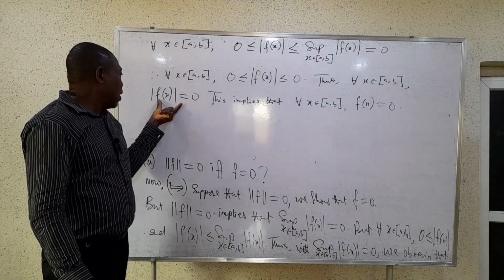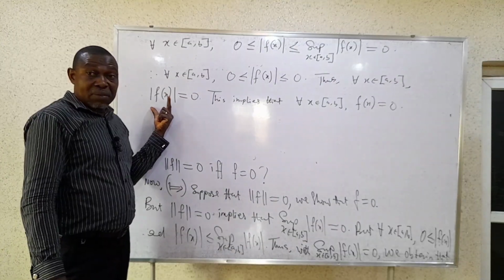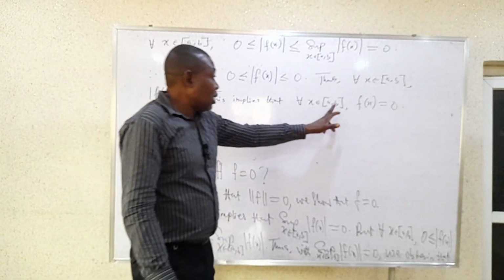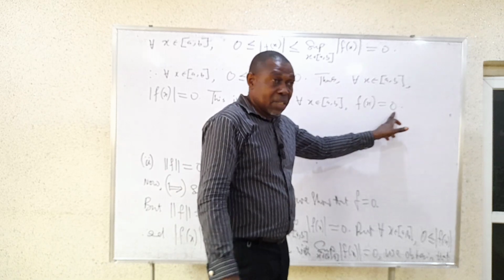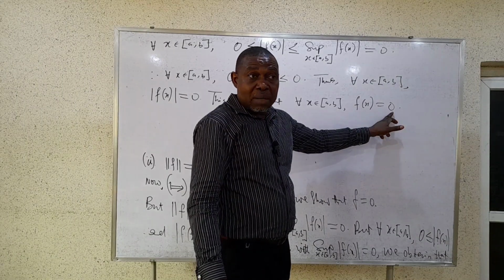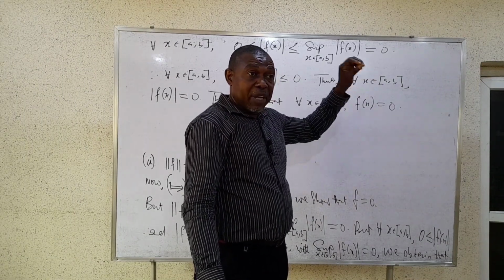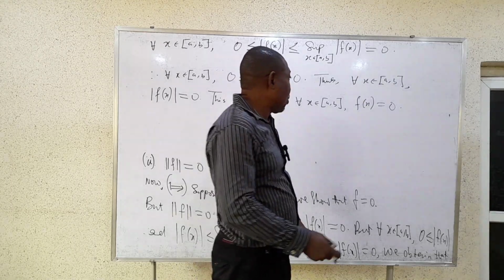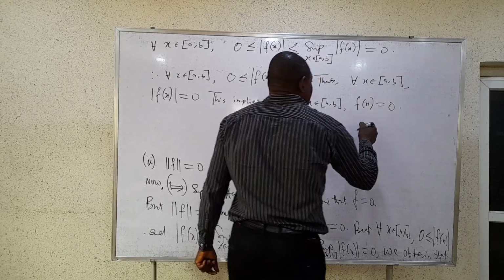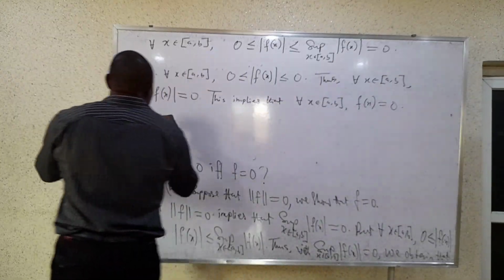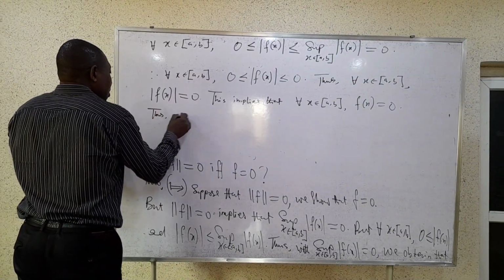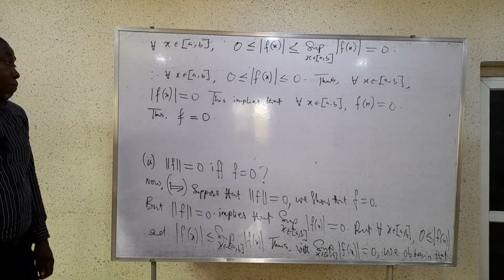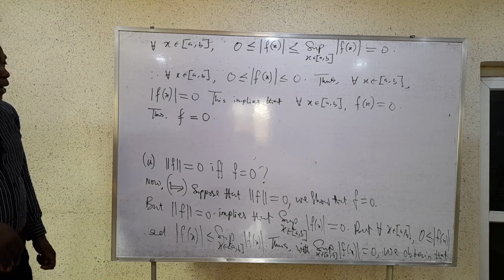The absolute value of something equals 0 if I know that it is equal to 0. But what does this mean? For any x in [a,b], f of x is equal to 0. What does that mean? Giving me any point, f takes that point to 0. Meaning that f is the zero function. Thus, f is 0.